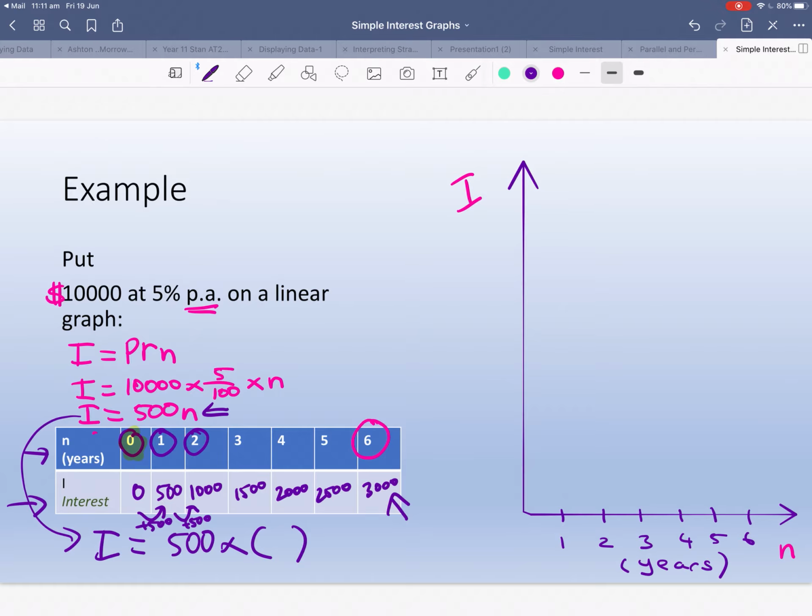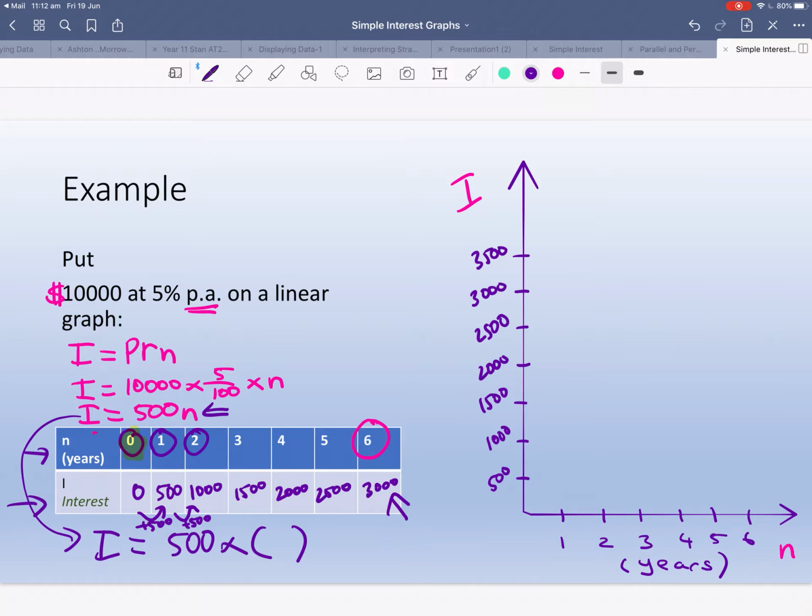So maybe go up by 500, 1,000, 1,500, 2,500. Okay, so I'm going to label it. Now you need to make this even, otherwise your graph won't be that linear. So if you have grid paper, it'll be perfect for this.